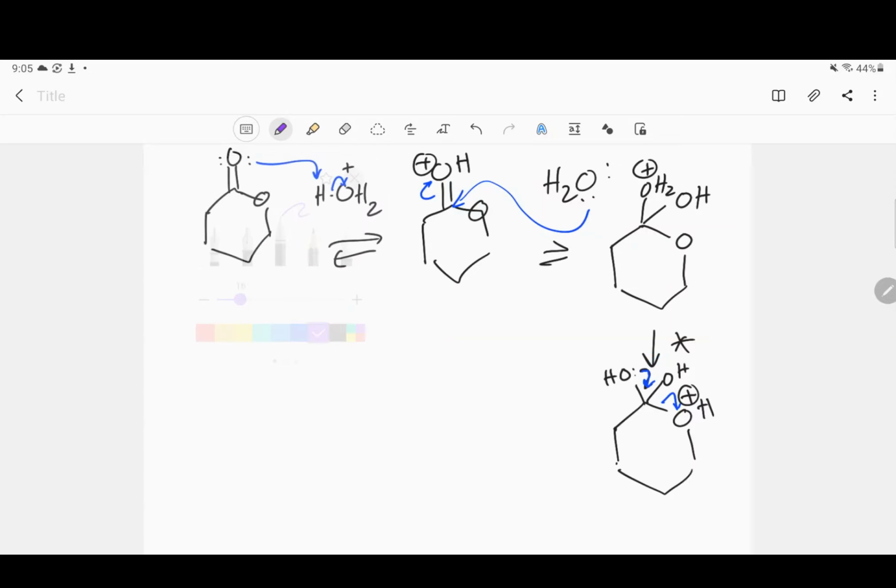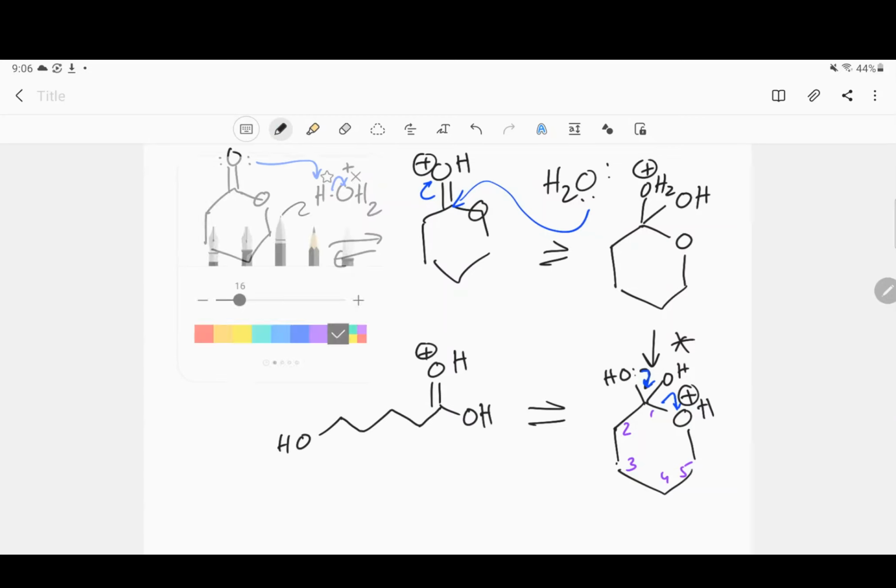And if we think we have 1, 2, 3, 4, 5 carbons in between, we have this, that's carbon 1, the purple one. We have 2, 3, 4, 5, and then we have OH on that one.